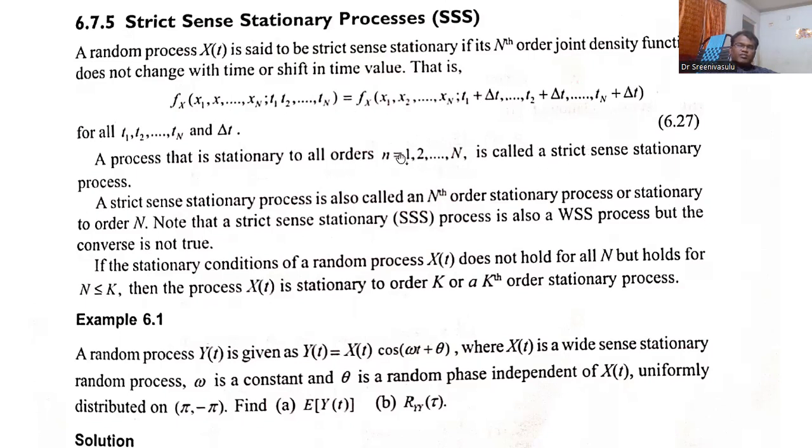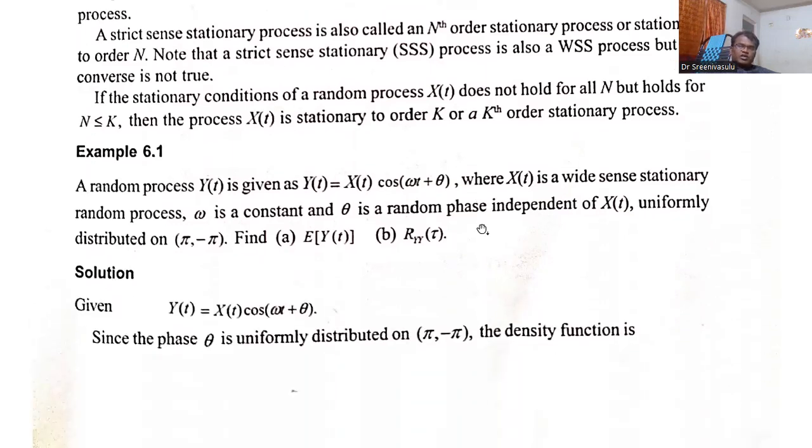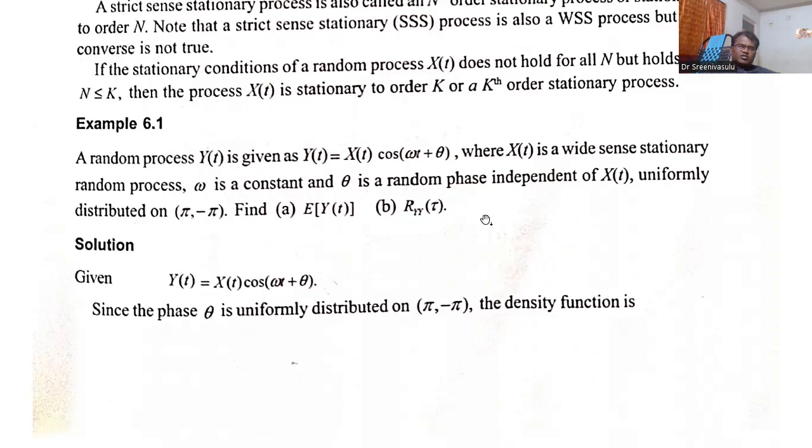If these two are the same, then the stationary process is called a strict sense stationary process. Now, if you see one problem, then we will get a better idea of these statements.